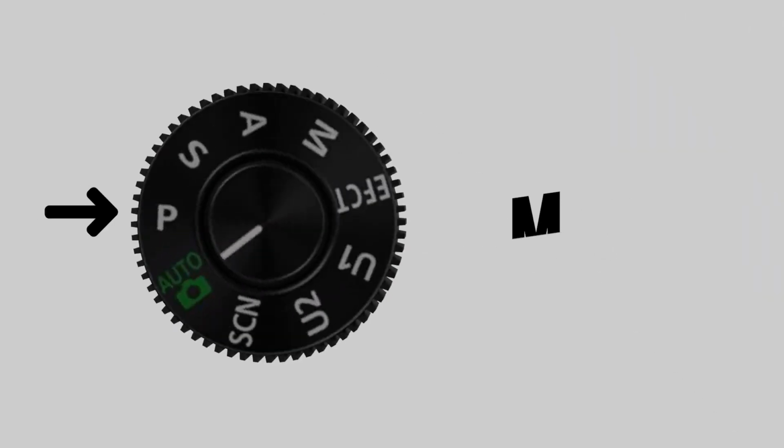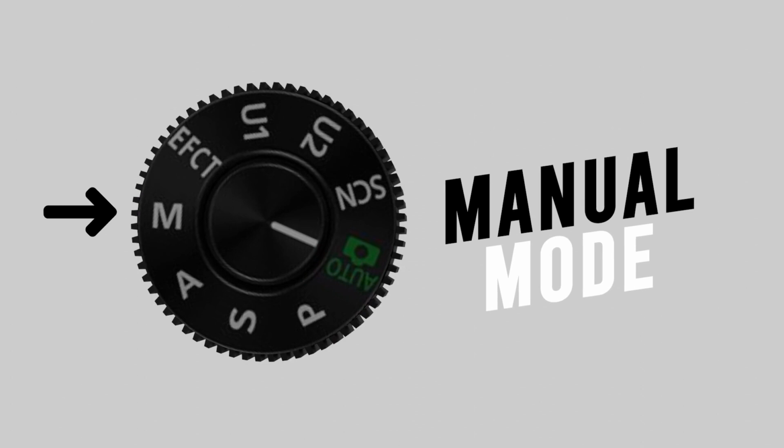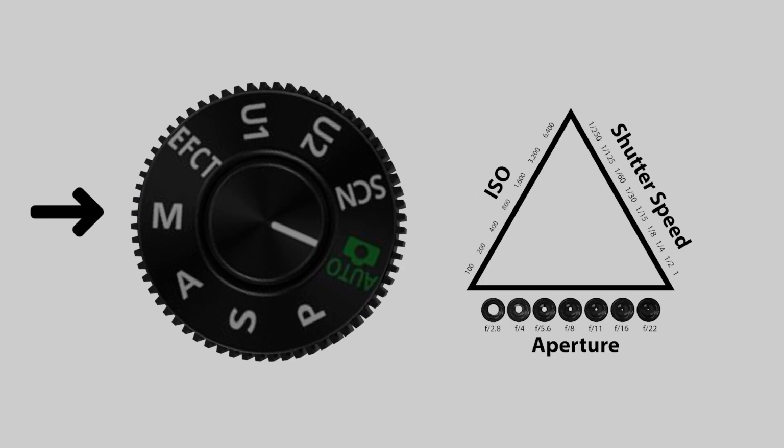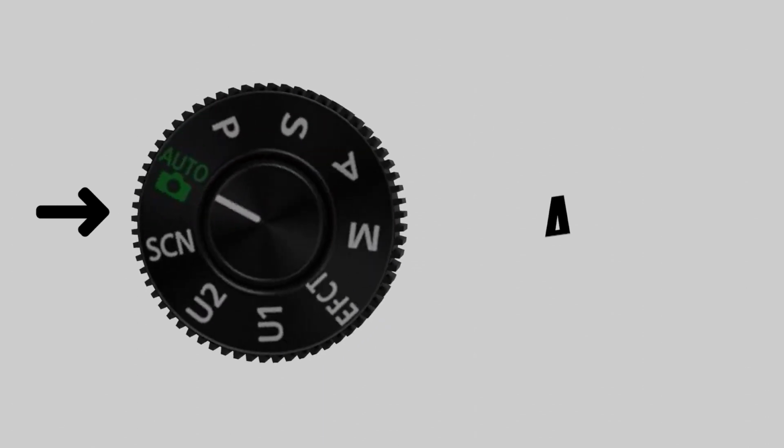What camera mode should you be using? Manual mode is highly recommended because it lets you control the aperture, shutter speed, and ISO the way you like when taking pictures. It might be challenging, but soon you will discover their functions and how to balance them properly. Some people use auto mode.